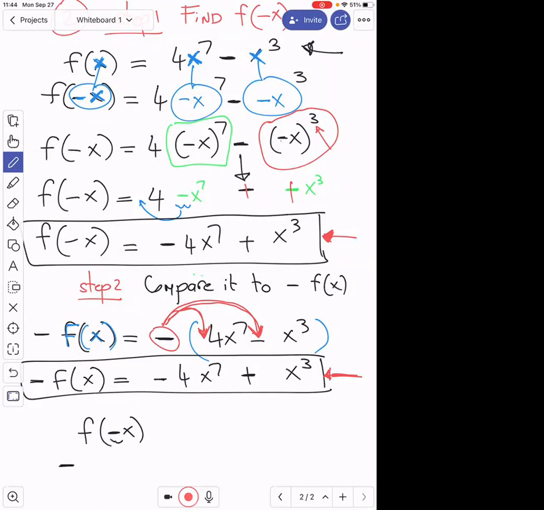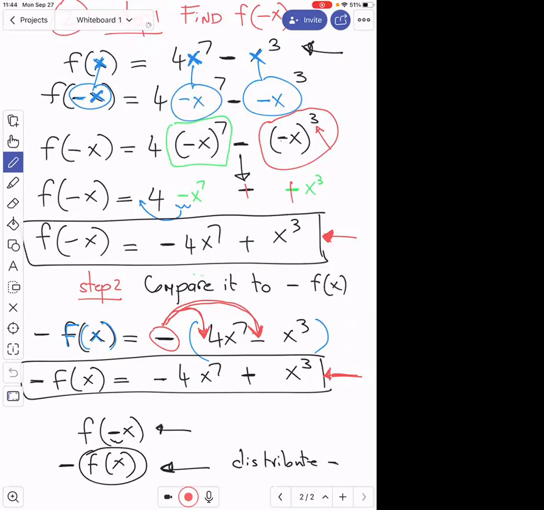But here, minus f of x, we are multiplying the whole function f by minus. That's why we have to distribute here. We have to distribute the minus sign because we're multiplying the whole expression by this minus, which is like -1, right? So you have to multiply each term by this -1 or minus. Okay, so that's why here we have to distribute the minus sign.